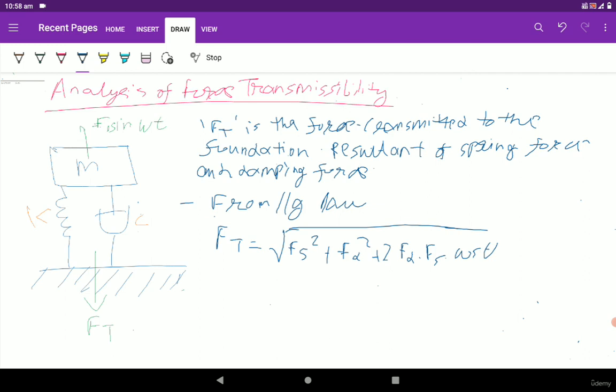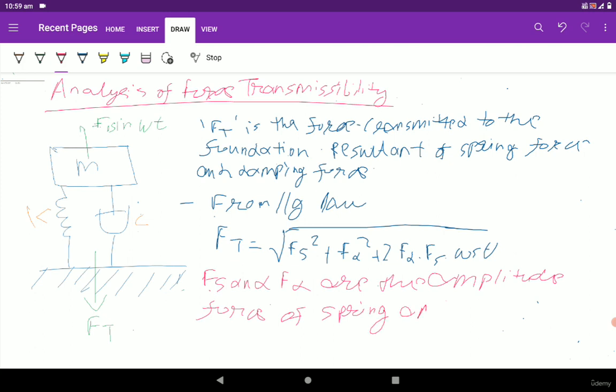Here Fs and Fd are the amplitude forces of spring and damper.